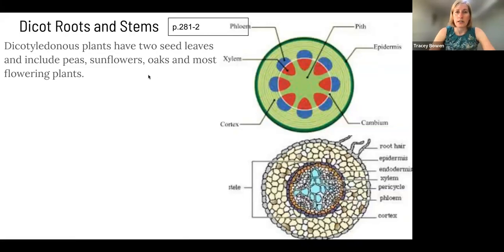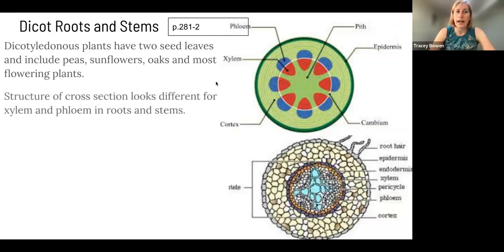Dicotyledonous plants are plants that have two seed leaves when they sprout, and these include peas, sunflowers, oaks, and most flowering plants. If we're only thinking about dicots, there are such things as monocots, which are, for example, corn, and their structure in their cross-section of roots and stems looks different, but we're only focused on dicots.